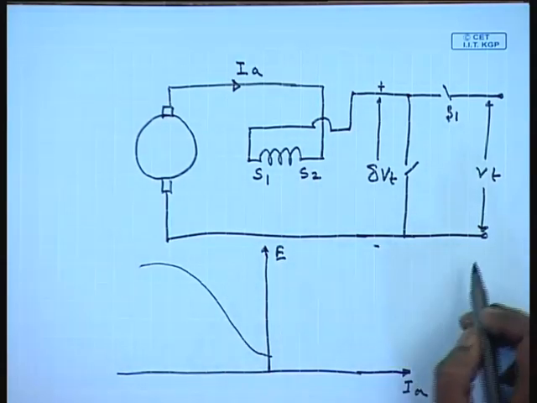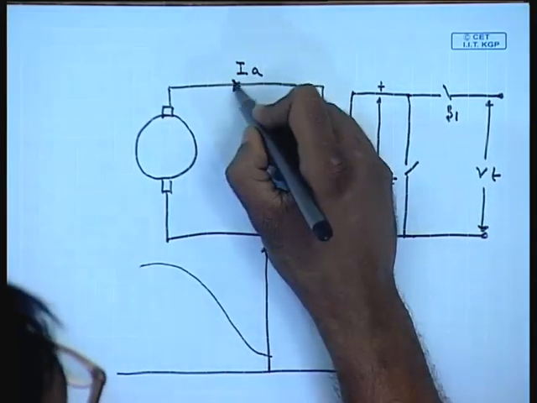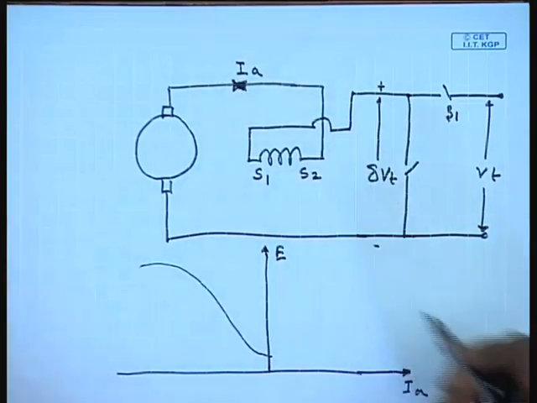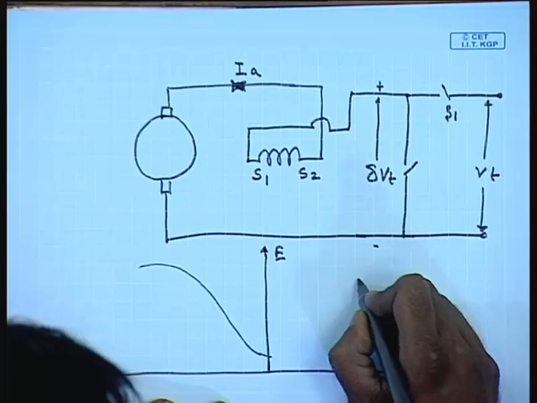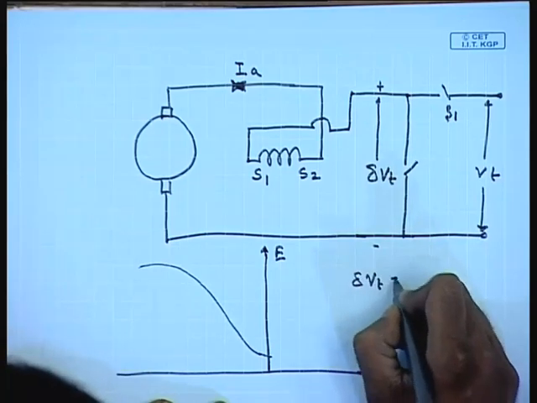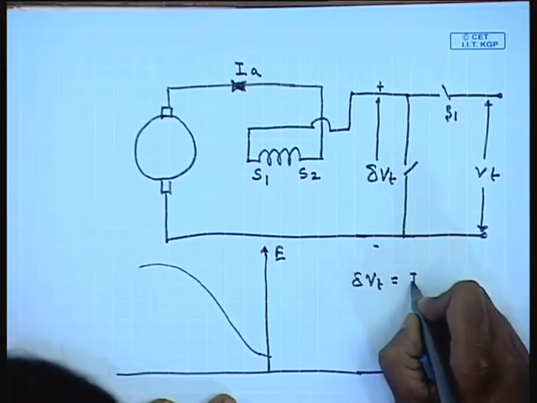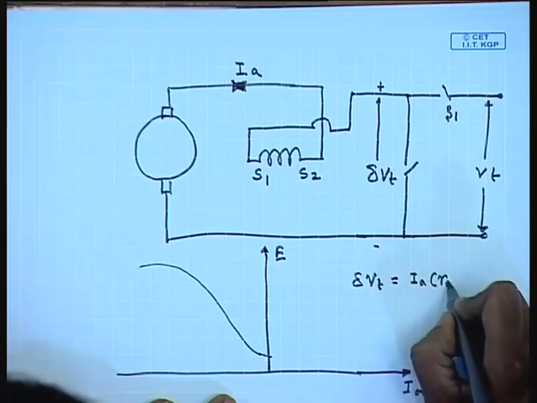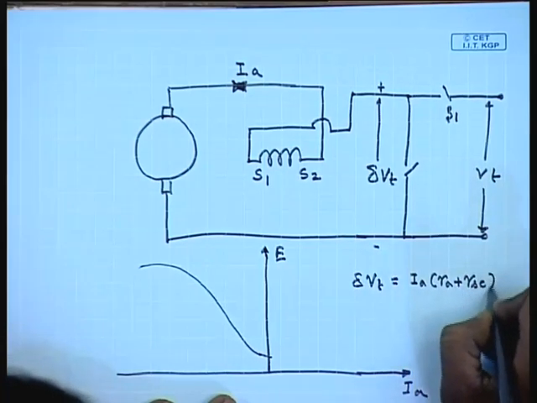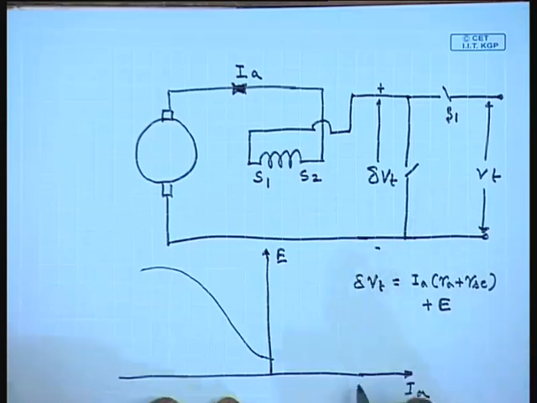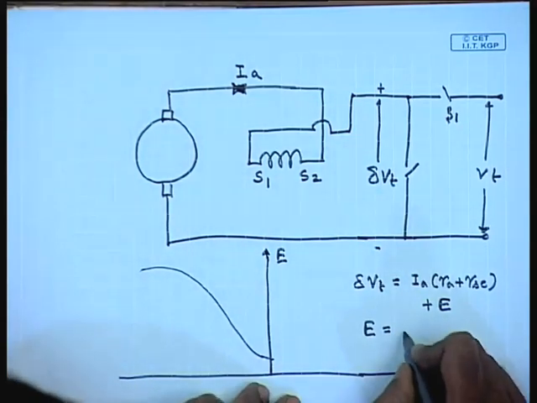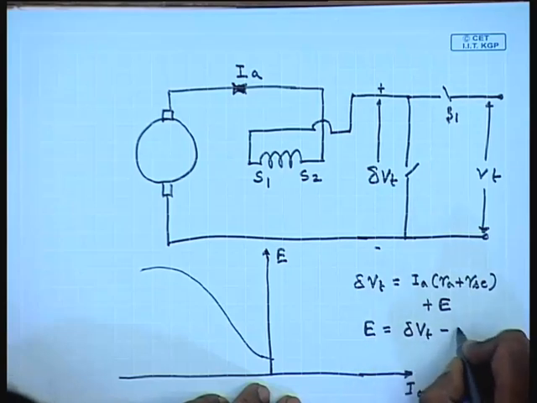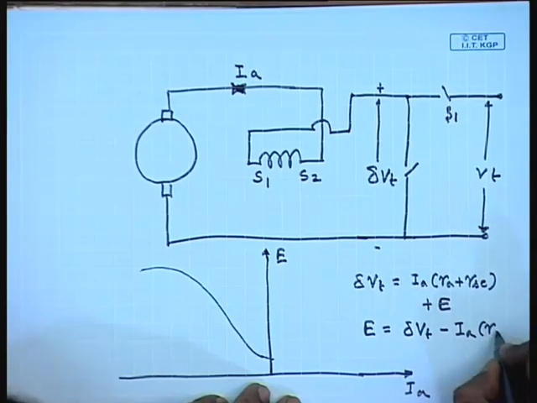With the chopper, assume positive current direction to be this, we can write delta V T equal to I A into R A plus R A C plus E, or E equal to delta V T minus I A into R A plus R A C.